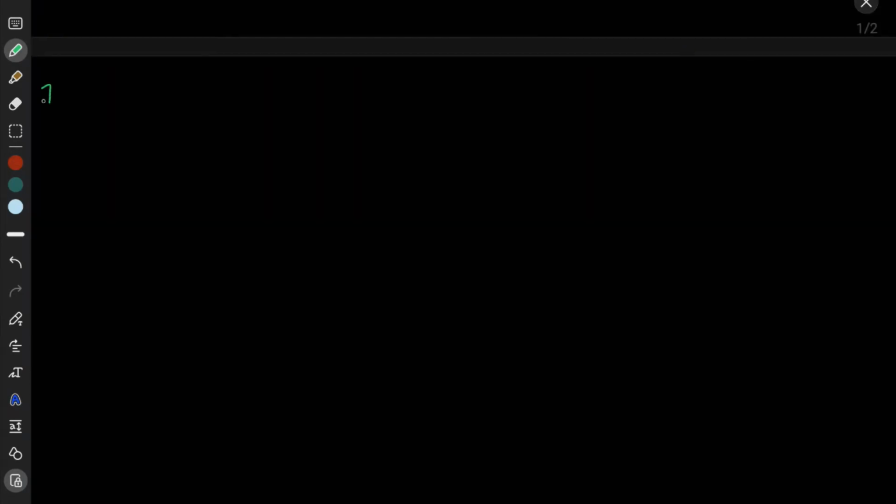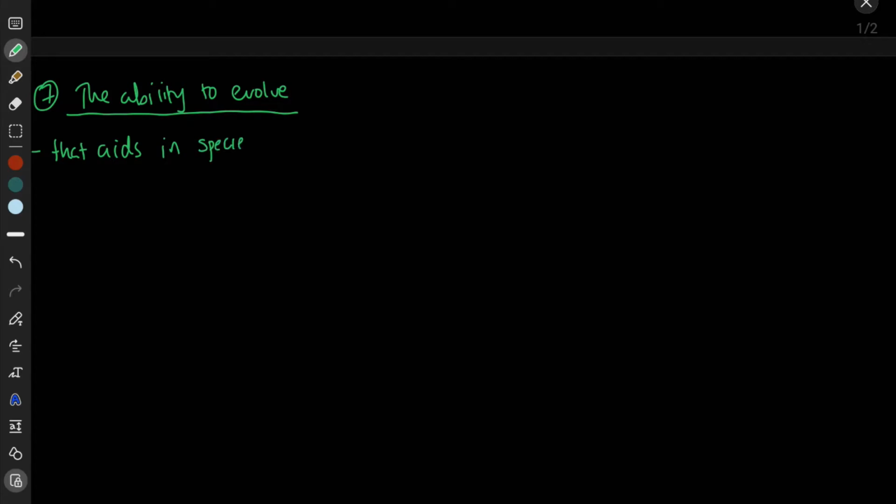So the next one we have is the ability to evolve. Okay, so again, this is another characteristic that aids in species survival. So what is evolution?